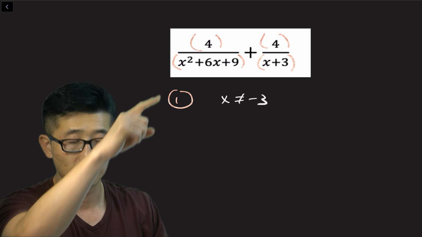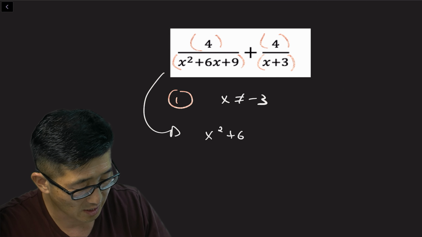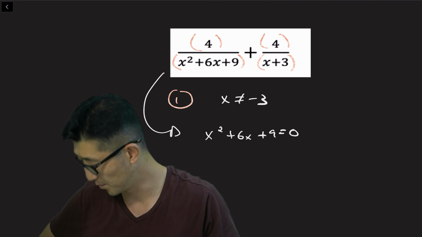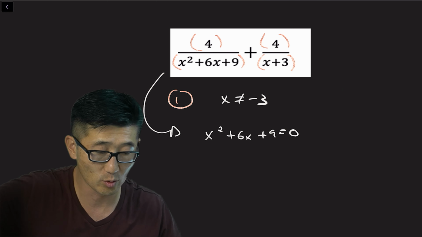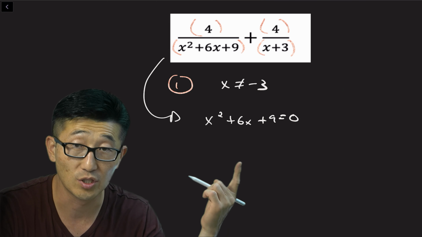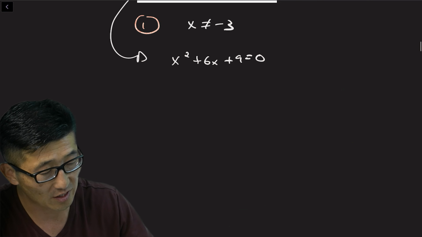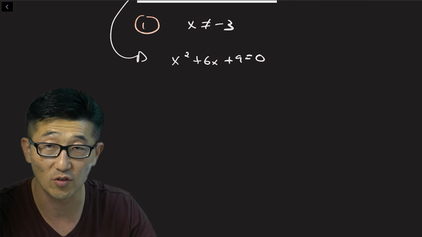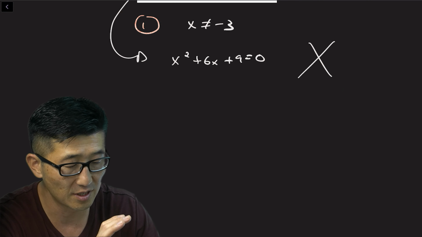How about this one? Well, x squared plus 6x plus 9. When will this ever equal 0? Well, if you've done algebra 1 carefully, you will just factor that and set it equal to 0 and figure that out. So how do you factor this? Now, some of you have different lessons that you've learned from school, the X method or the area method.